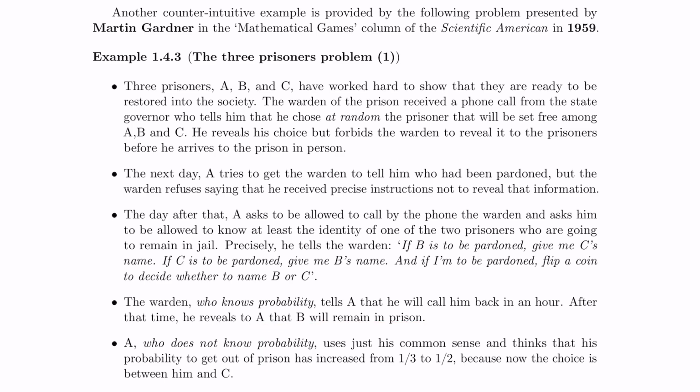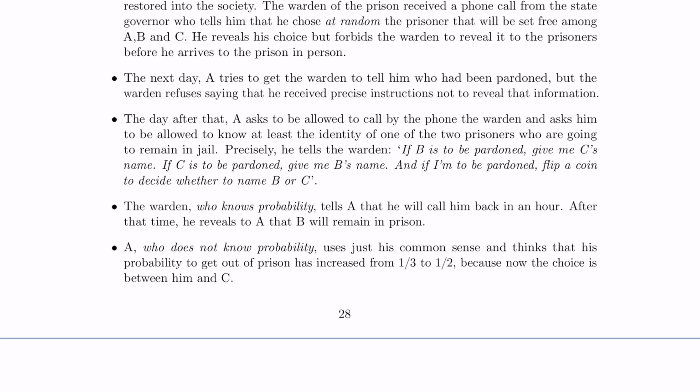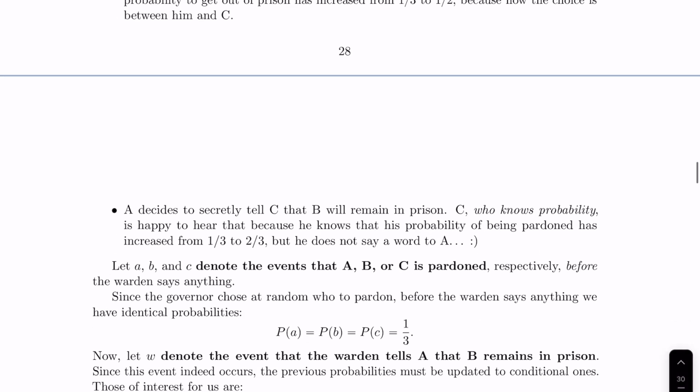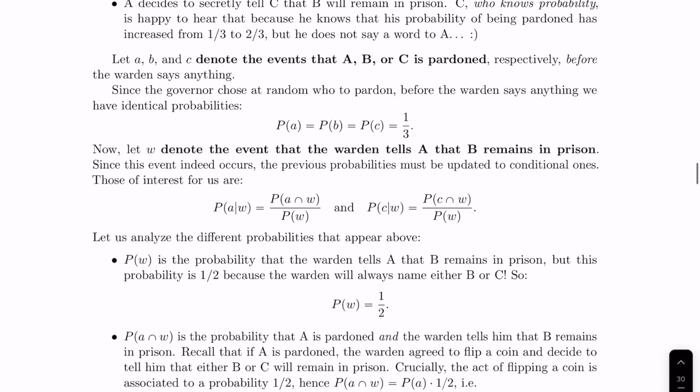Prisoner A didn't have the privilege to study probability and uses just his common sense to think that his chances to get out of prison have increased from 1/3 to 1/2, because now the choice is between him and the prisoner C. As you may have guessed, prisoner A is not only stubborn and Machiavellic, but he's also a big mouth, and he decides to secretly tell C that B will remain in prison.